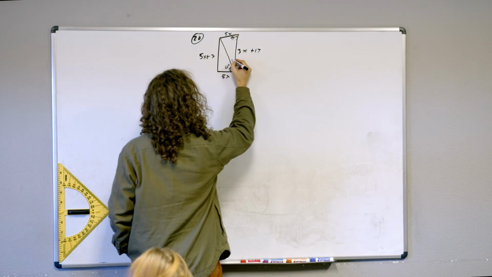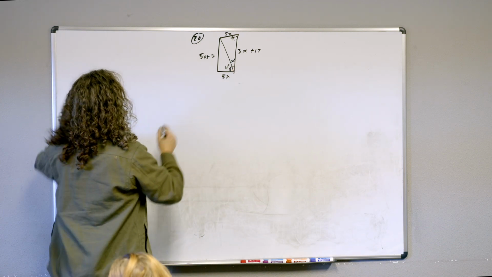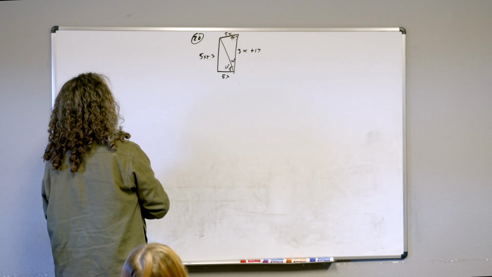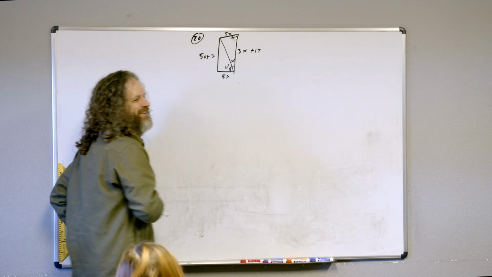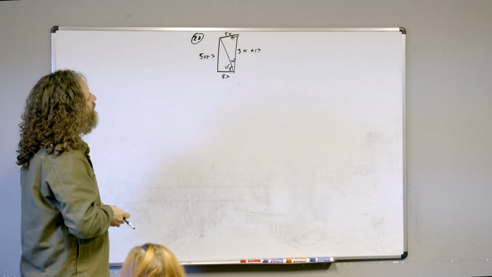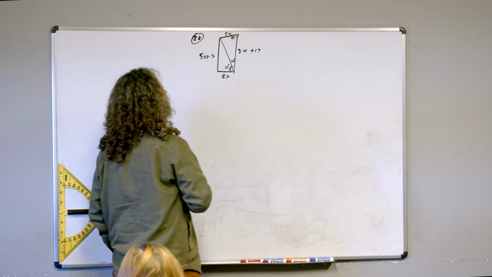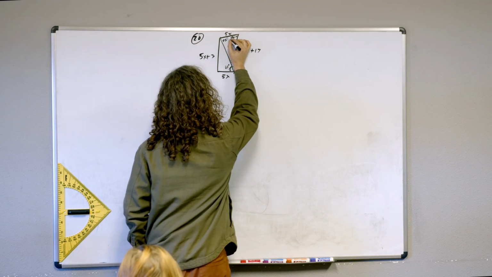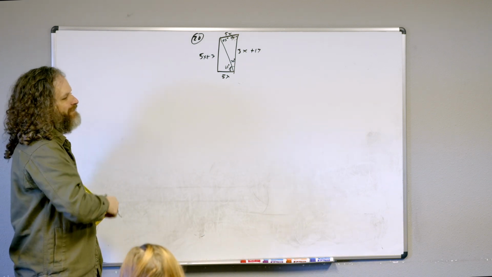So you said this is 30, and then you also figured out what this was, 125 minus 180, absolute value, or you just 180 minus 125. Either way it'll work, which will give us 55 degrees.